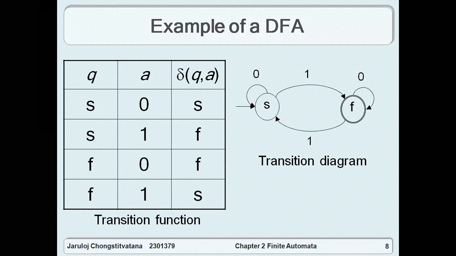In general, we represent the states in the rows and the input alphabet in the columns. In our notebook, in the second transition table, in the rows we have S and F only, and in the columns we have 0 and 1. So this is the function.